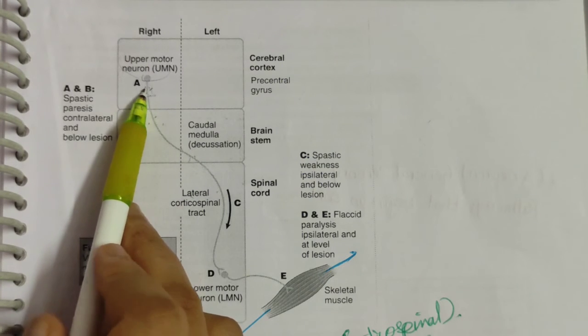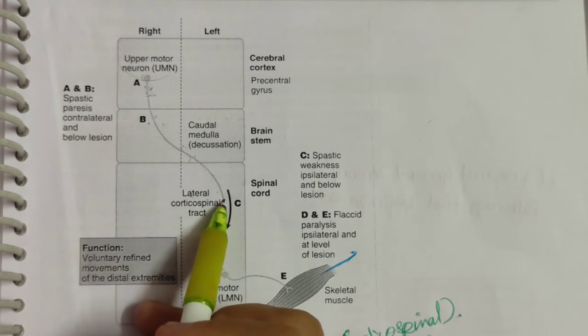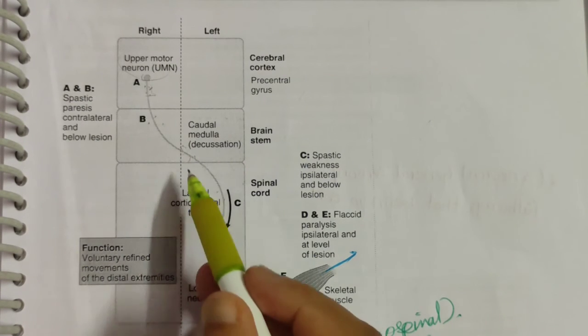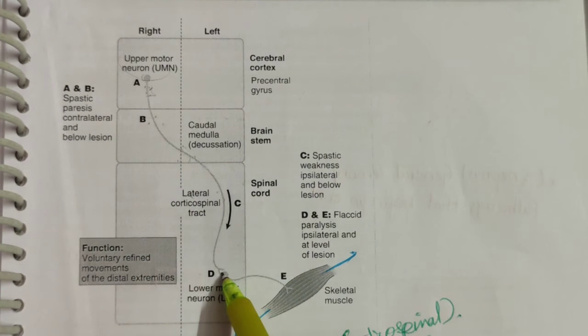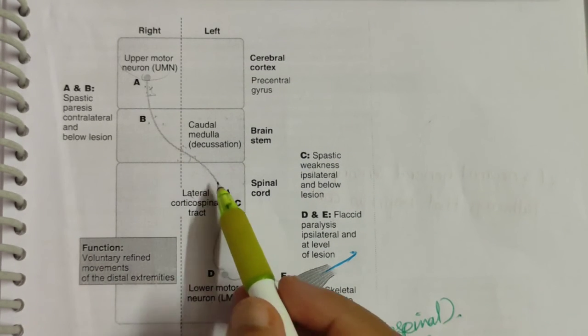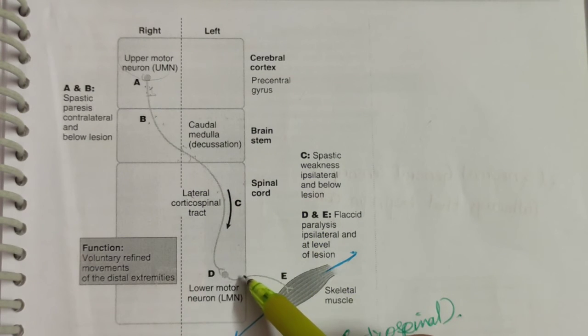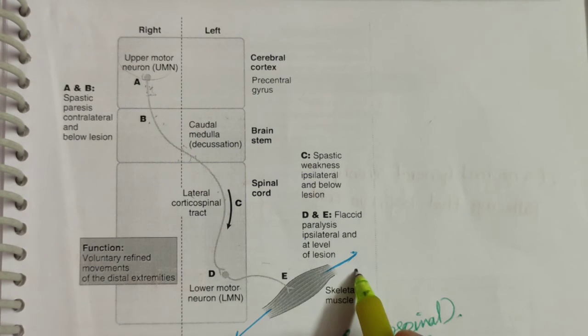If the lesion is after the decussation, also in the upper motor neuron, from here to here, the effects are spastic weakness that is ipsilateral and below. If we have a lower motor neuron lesion, flaccid paralysis occurs, ipsilateral and at the level of the lesion.